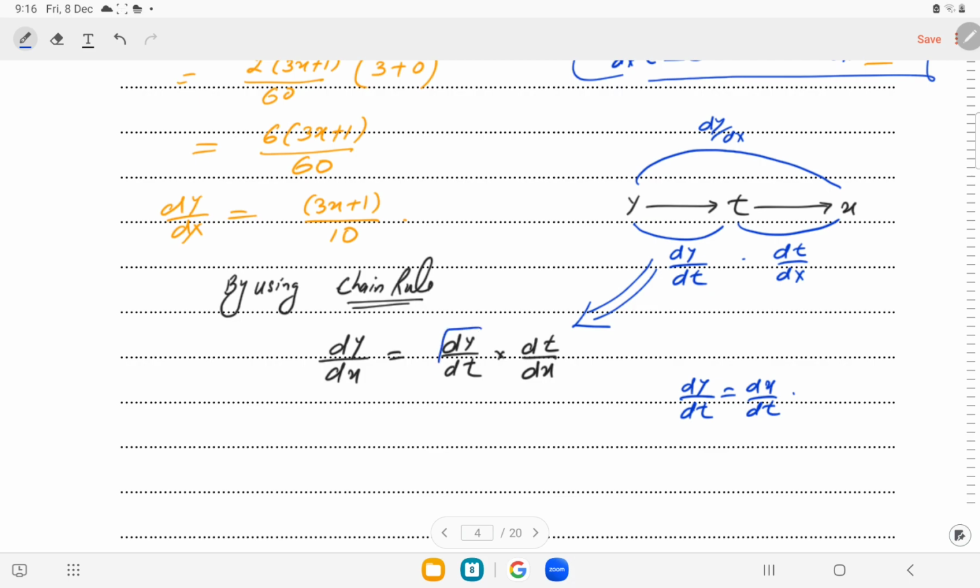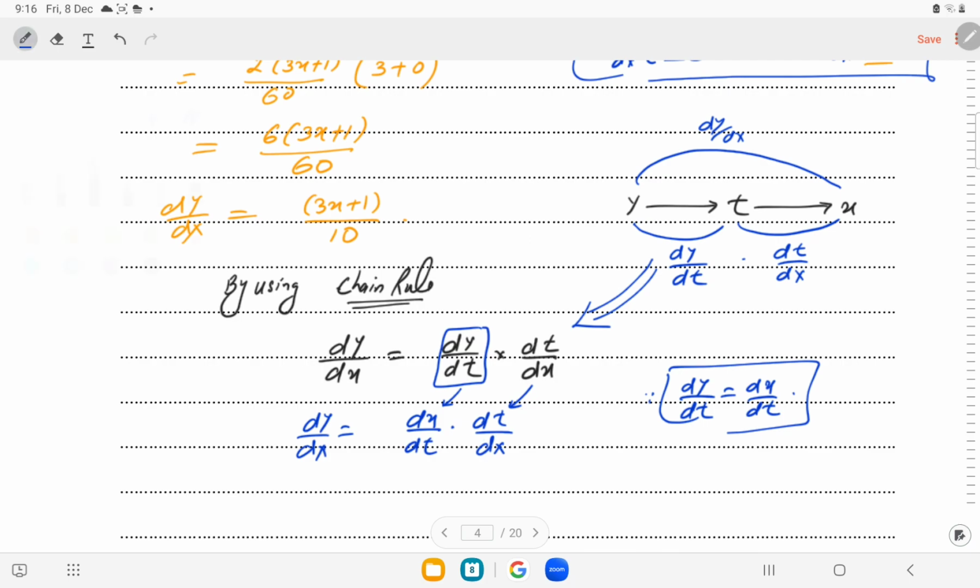So here just replace this with this one. So we'll get dy by dx equal to, in place of dy by dt, dx by dt times dt by dx. Here this was its result.